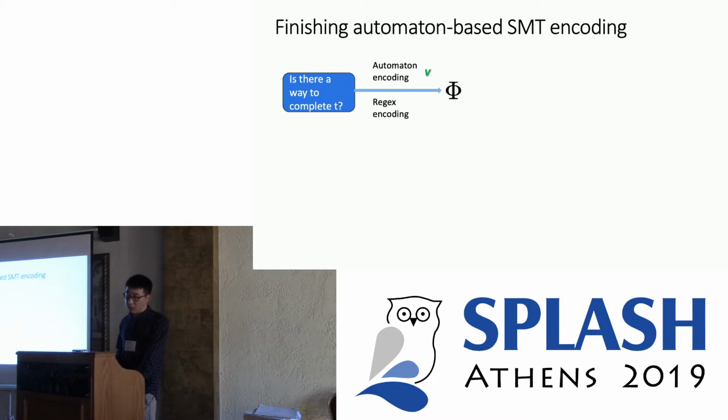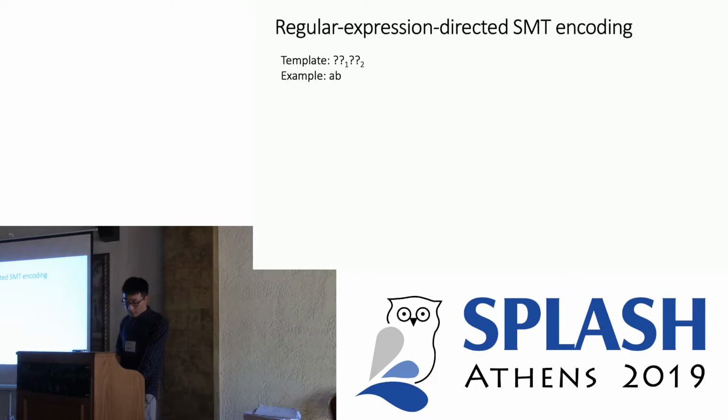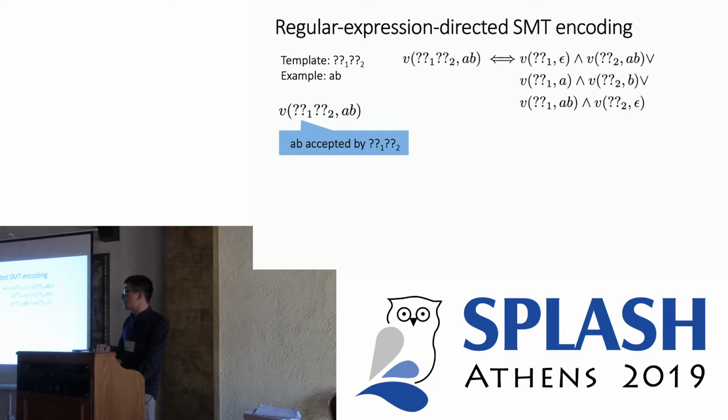Then we briefly talk about the regex-based SMT encoding. Given a template and an example, we will use a notation V, hole 1, hole 2, AB, to denote that AB is accepted by this template. Since the top-level construction is a concatenation, for string AB we need to find a partition such that the first part is accepted by the first hole, hole 1, and the second part is accepted by the second hole.